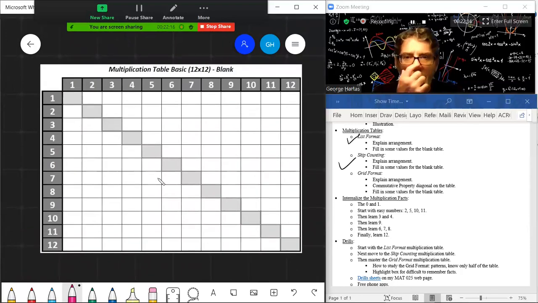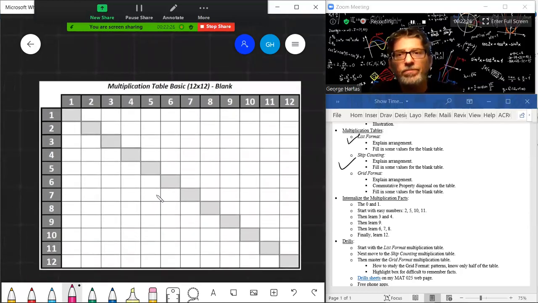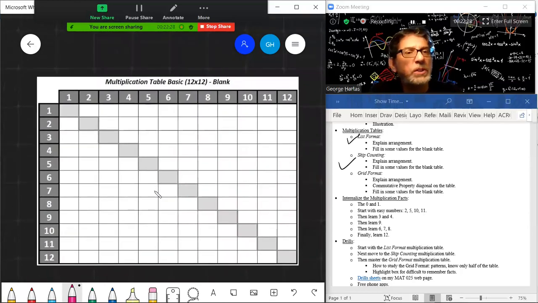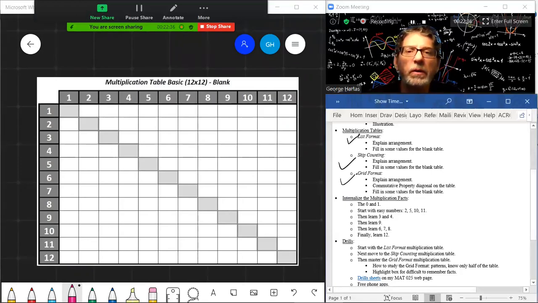So here we have a blank table, and there are different strategies on how to fill this in. In fact, let's look next here on our list of what we need to cover in this video: how to internalize the multiplication facts.